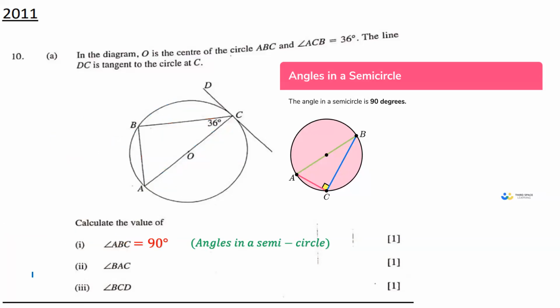Erase all ink. Okay, so the next question is the following. We want to figure out the size of angle BAC. So A is the one that's in the middle, so let's do that.